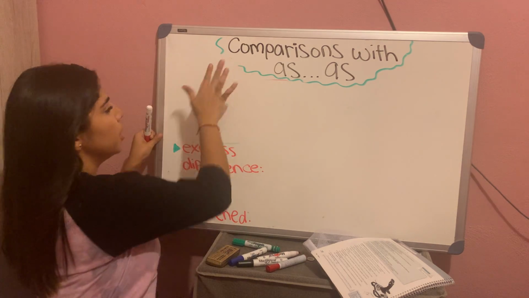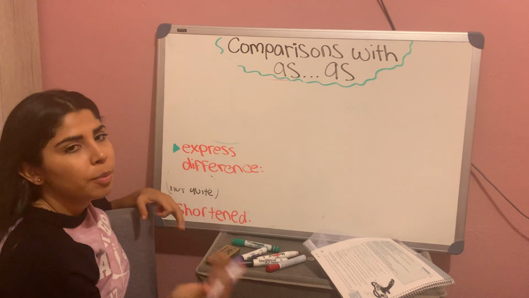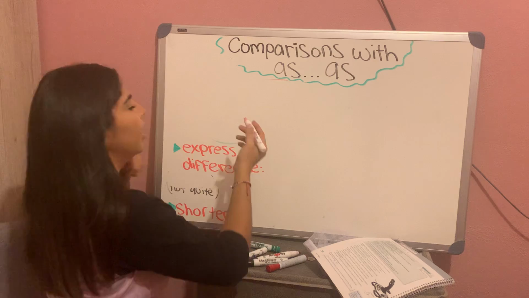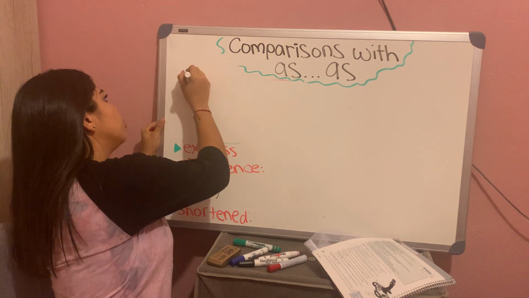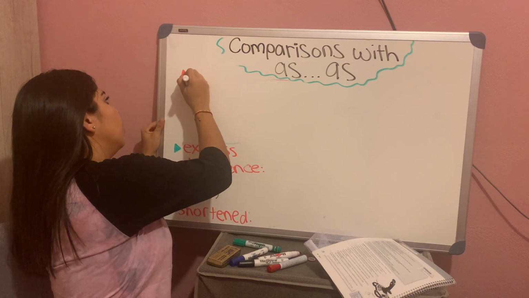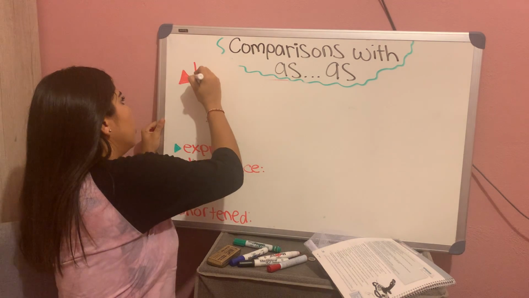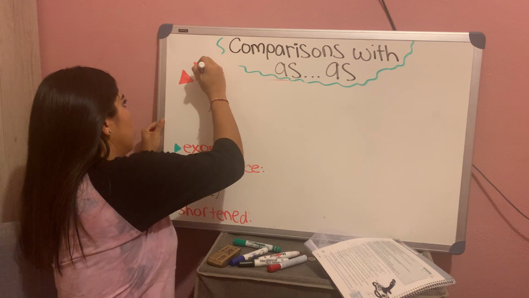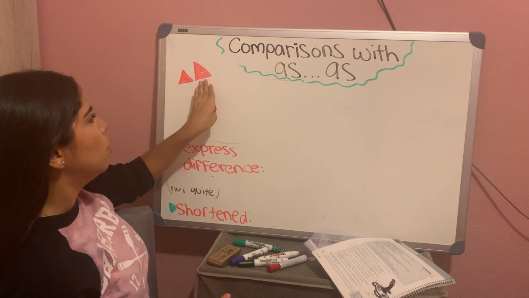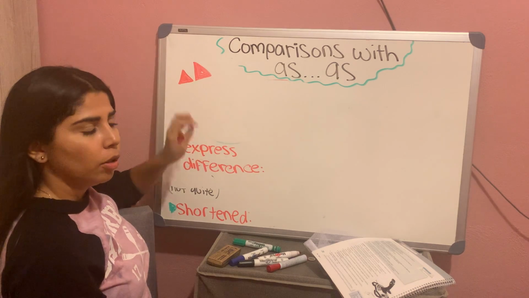I'm going to draw something else here. Just remember, my drawings are not that good, but I can say, I'm just gonna draw a simple triangle. Okay, this is a triangle. So one's a little bit bigger, one's a little bit smaller.